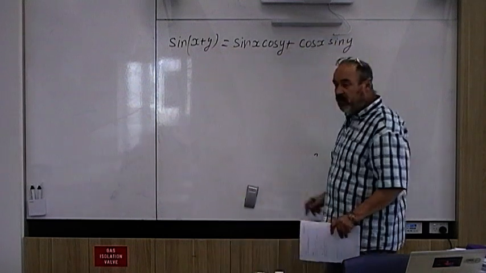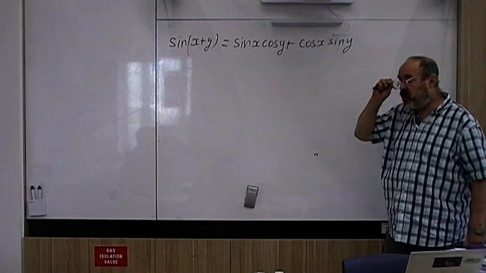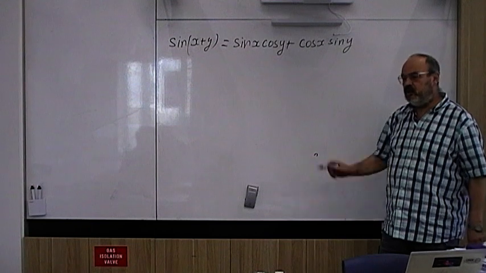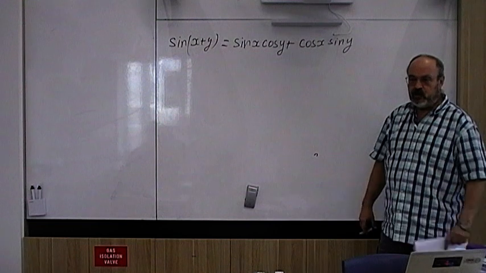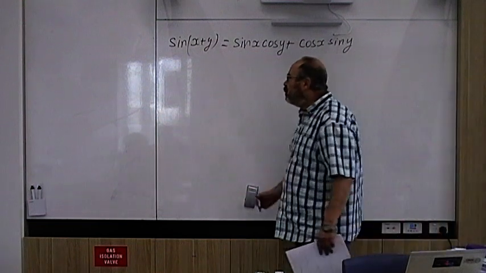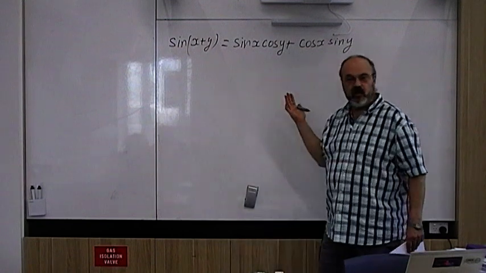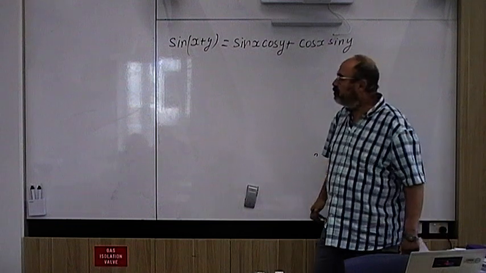I will not be deriving those formulas, you are not required to do so, but it all can be derived just from the unit circle, by drawing the angles and rotating. If someone is interested, I can later show how to derive those formulas. You don't have to memorize them, they are all in the formula sheet. But we will learn how to operate with them.